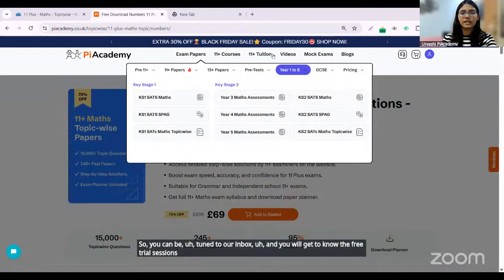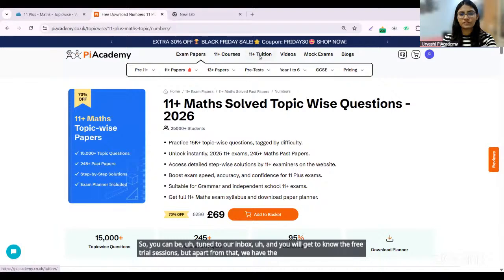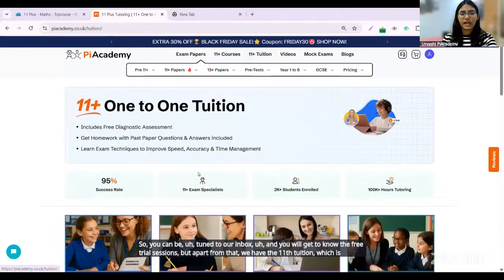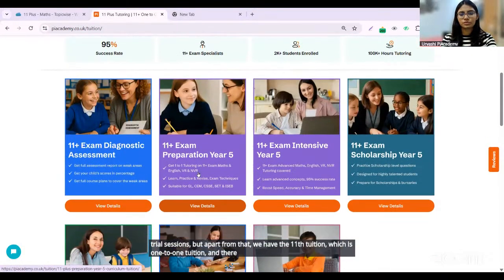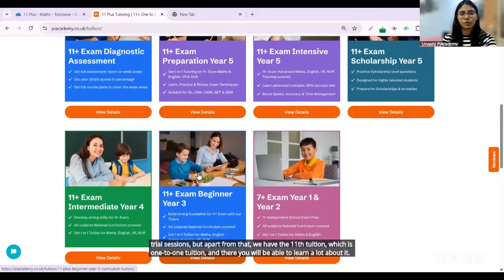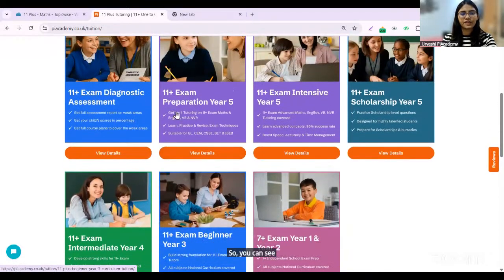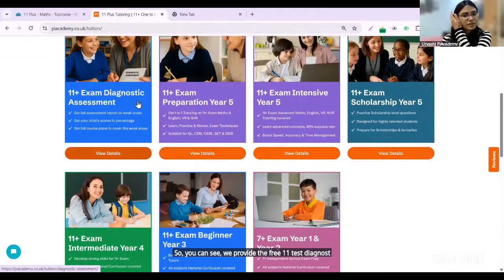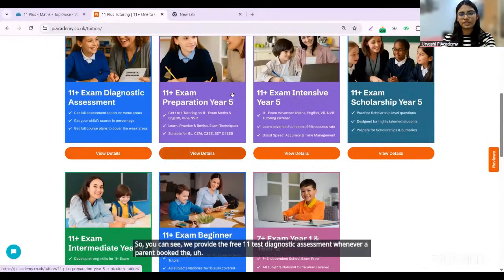But apart from that, we have the 11 plus tuition, which is one-to-one tuition, and there you will be able to learn a lot about it. We provide the free 11 plus diagnostic assessment whenever a parent books the one-to-one tuition.